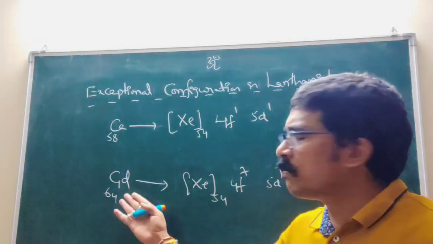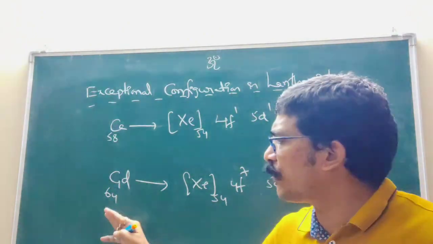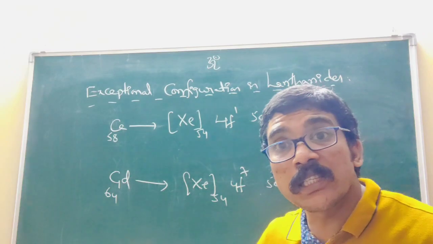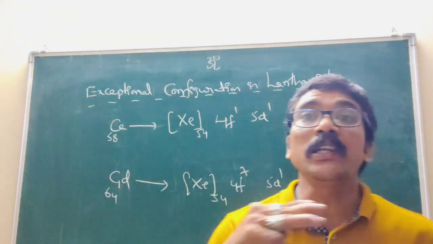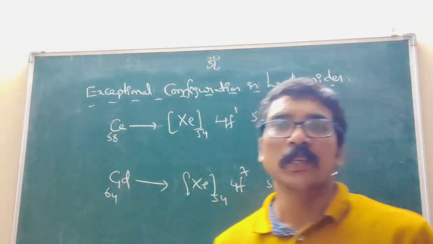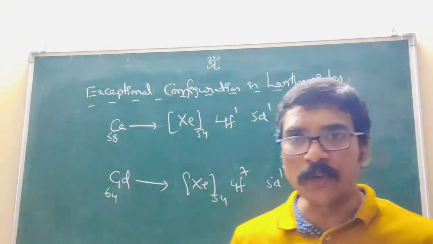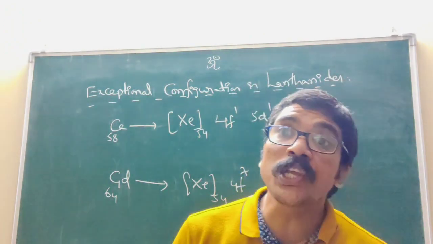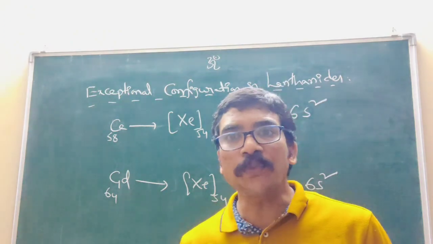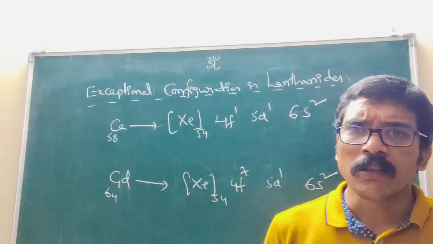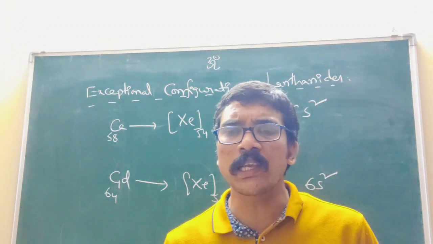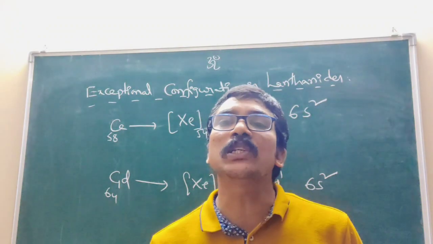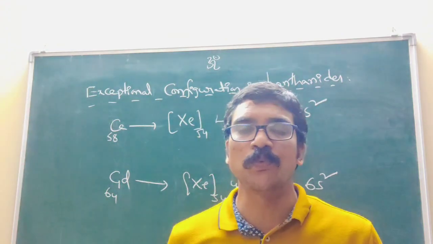In the same manner, after completion of gadolinium, the next elements are 65, 66, 67, 68, 69, 70, which is ytterbium. Ytterbium configuration is 4f14. The last element, lutetium, also has 4f14. Sir, ytterbium and lutetium both have 4f14, how is it? Yes, ytterbium configuration is 4f14 6s2.